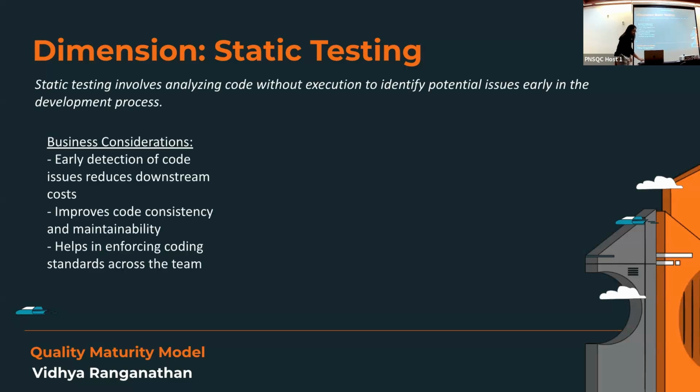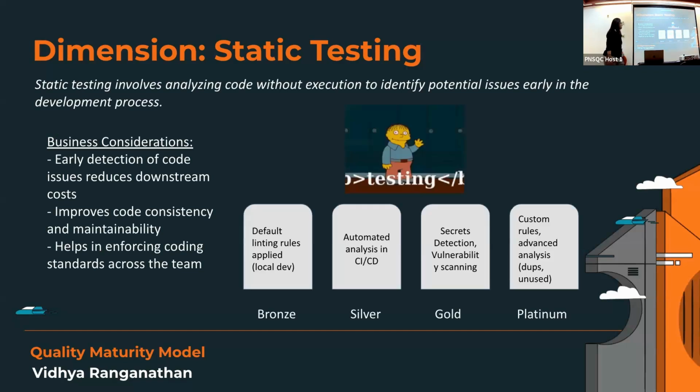I'm going to look at the business considerations, like why do I put static testing as a dimension here? And what does an example of a bronze, silver, gold look like? This is an example, not a prescription, just want to make sure that I put it out right there. So yeah, static testing.